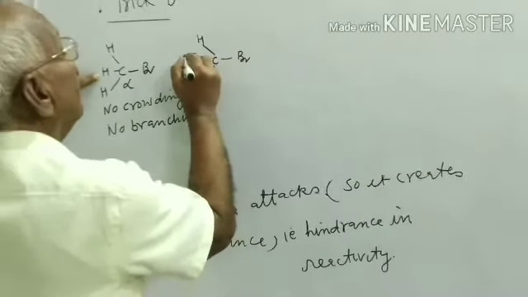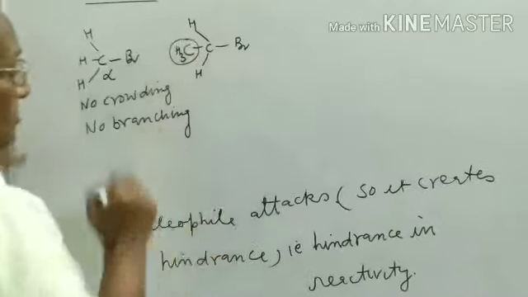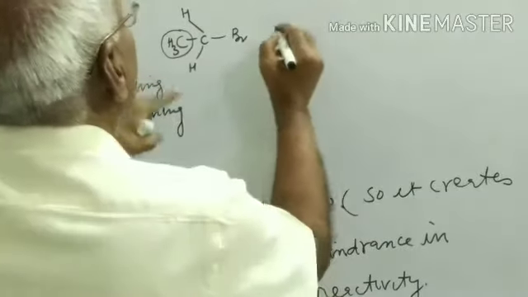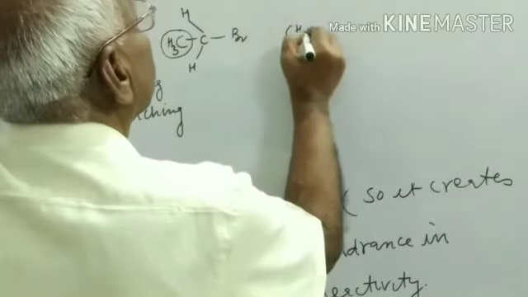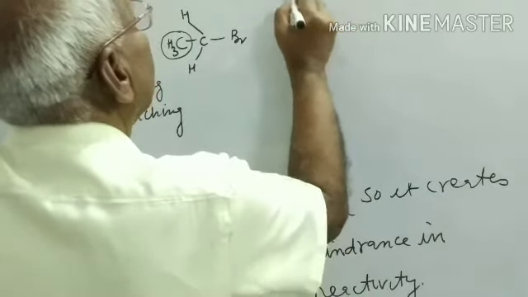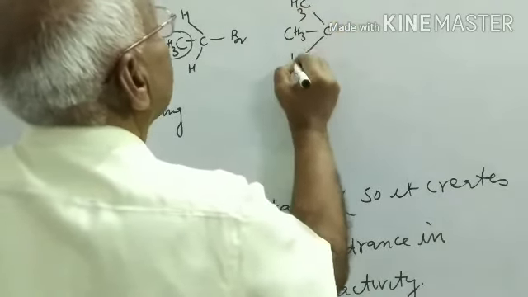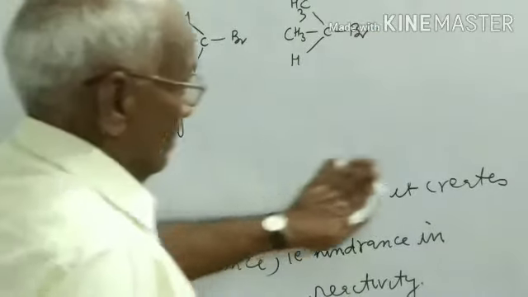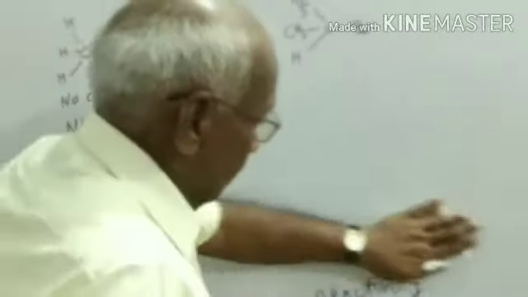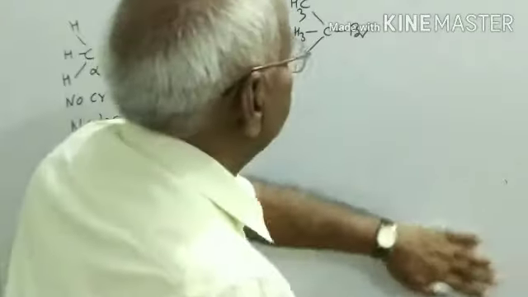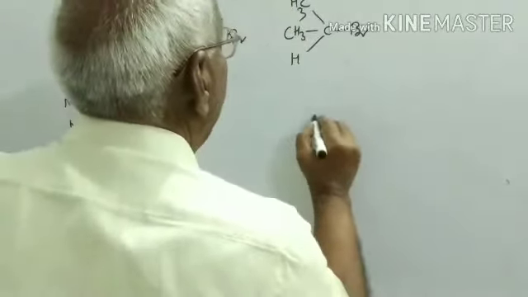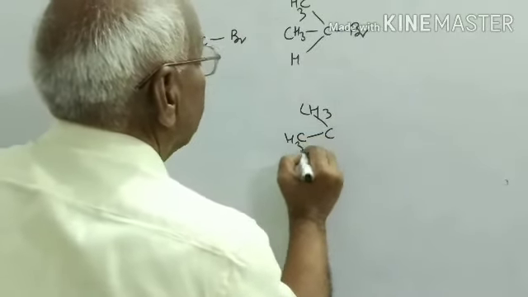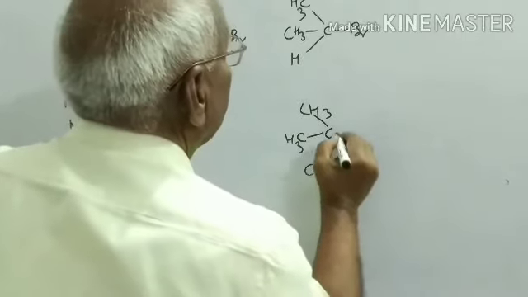So there is one branch in the methyl bromide. Make one more branch. This is CH3, this is H, this is Br. Add one branch more. H, CH3, CH3, CH3 and Br.